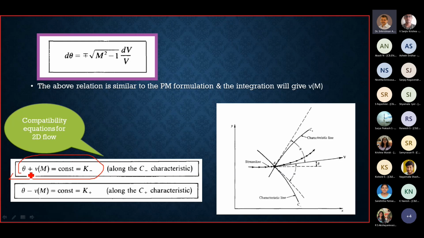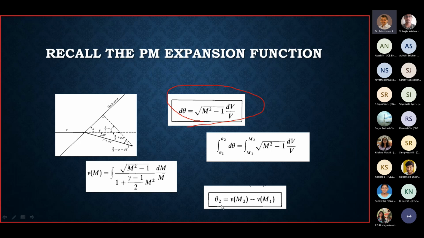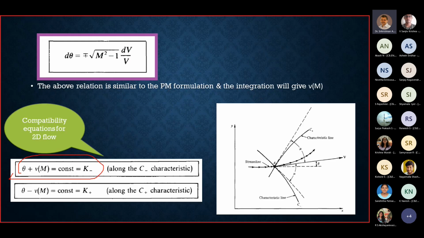Now, this is how the function is denoted: theta plus nu of M. Please remember, we have the Prandtl-Meyer solution here. That is, theta 2 is nu of M2 minus nu of M1. In a similar way, the method of characteristics also follows the same way of solution, where the solution is expressed as theta plus nu of M, which is a constant. And the constant comes from the integration, and for a given characteristic, theta plus mu remains constant.